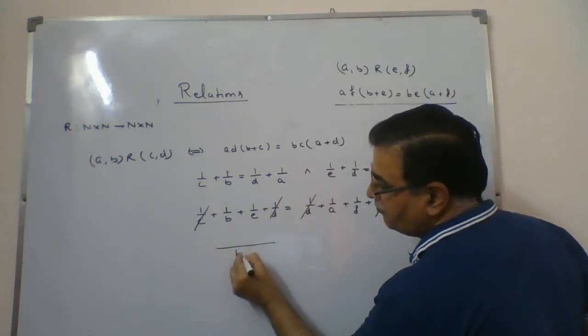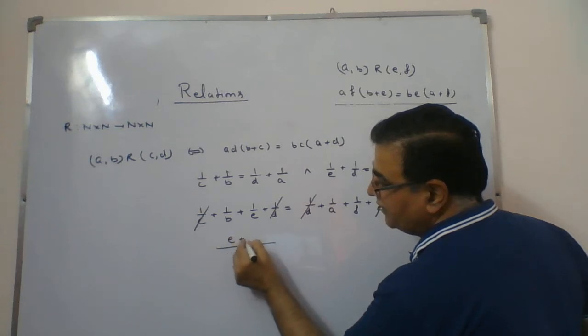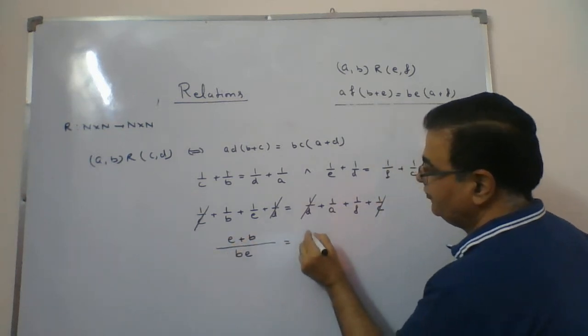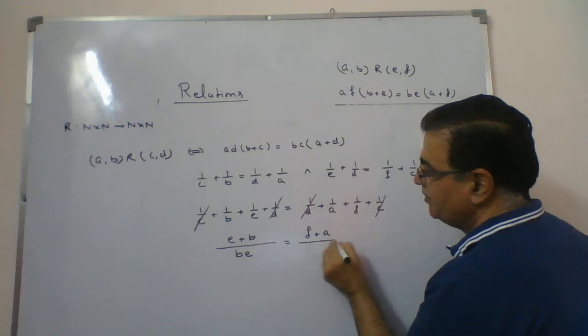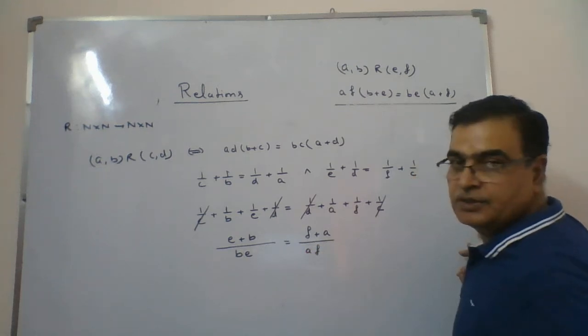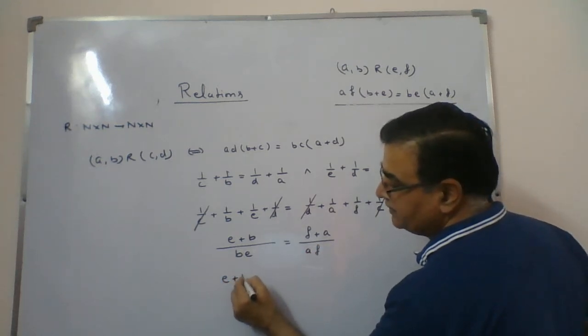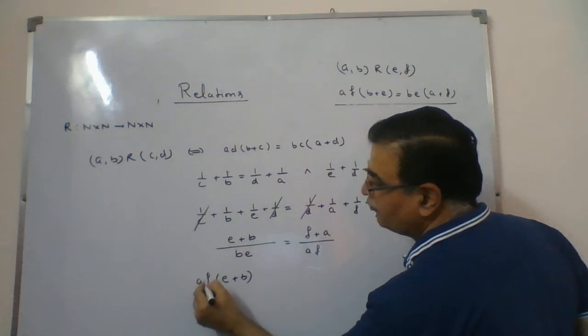Then what is left is 1 by B plus 1 by E, and here it will come as F plus A by AF, or I should say E plus B into AF.